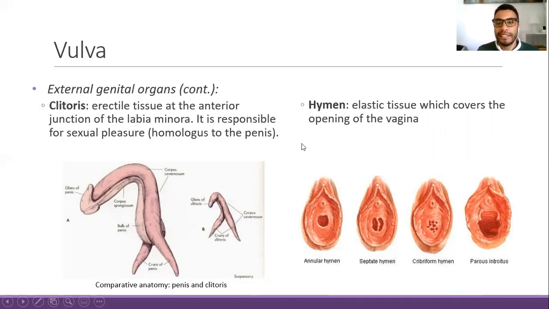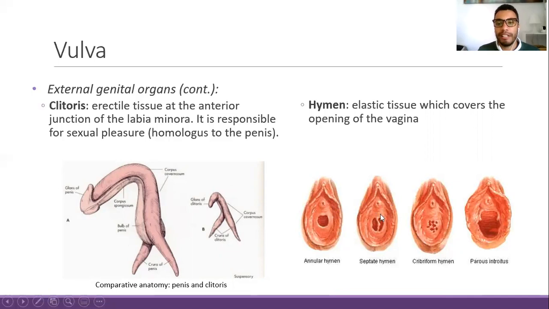The hymen that you can see here is another elastic tissue, which covers the opening of the vagina. So there are different variations of hymens. The annular hymen would be considered the most normal type. And there are some other variations, okay?